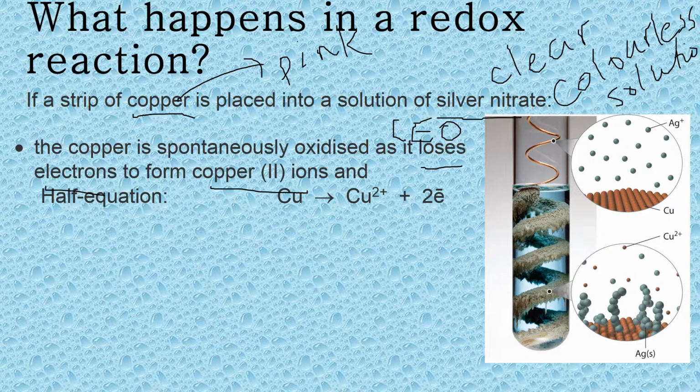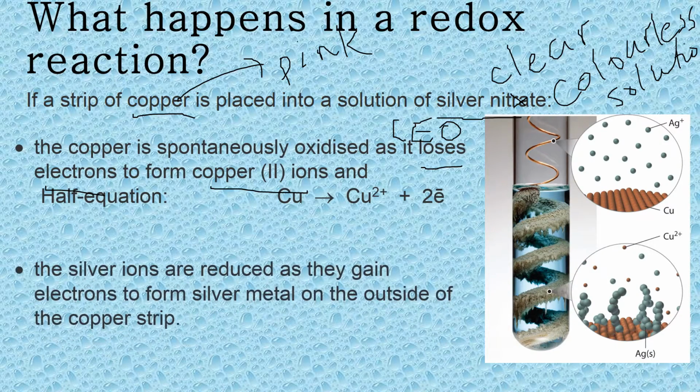Now the other chemical involved in this reaction is silver nitrate, of which nitrate is actually the spectator. So you're now left with silver ions. Silver is in that solution as silver ions, not solid silver. What happens next is that the silver ions get reduced because they gain the electrons that were lost by copper.